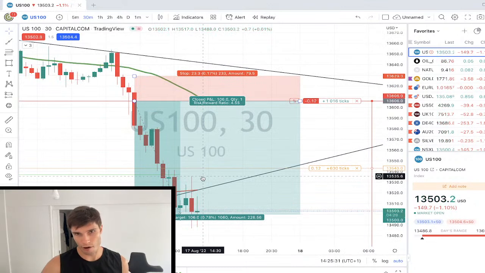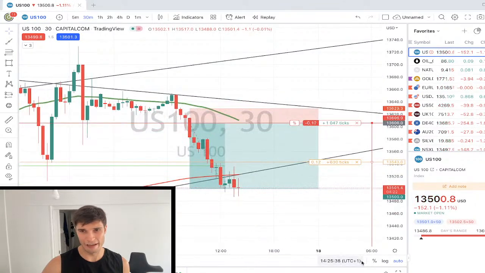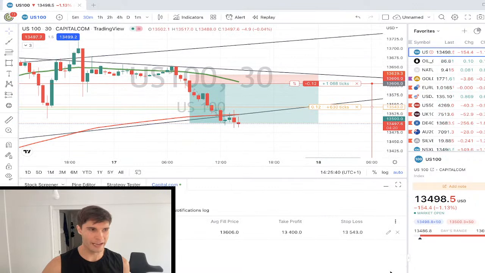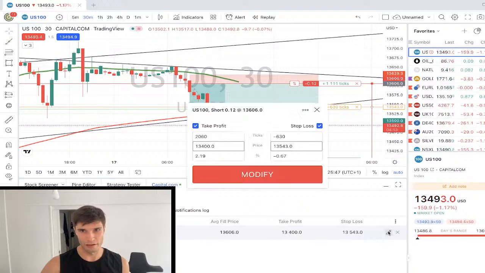So I'm going to trail this stop. Right now my stop loss is basically 40 points above the current level, and I want to maximize the amount of profit I can take on this trade, because it does look like it's falling off a cliff.